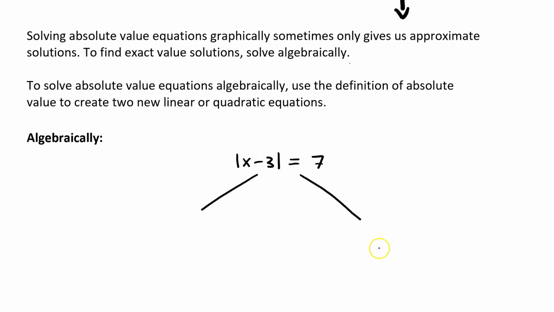And I need to take another solution here where x minus 3 turns into actual 7. Now we know that the solution for the negative is negative 4 and the solution for the positive is 10, but I'm just going to show you algebraically how to do it so that we can confirm our findings.